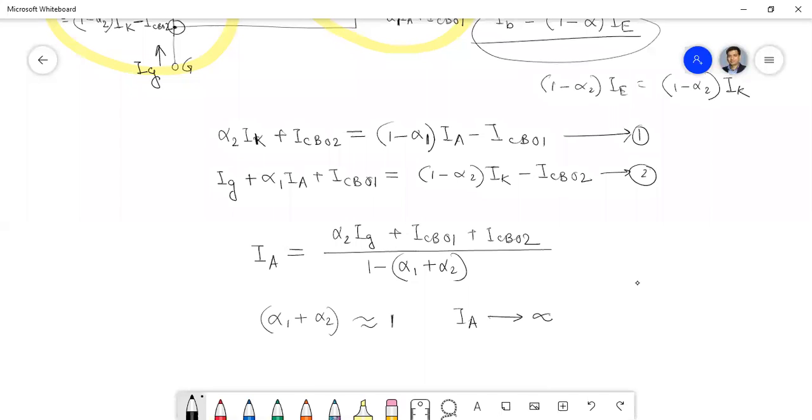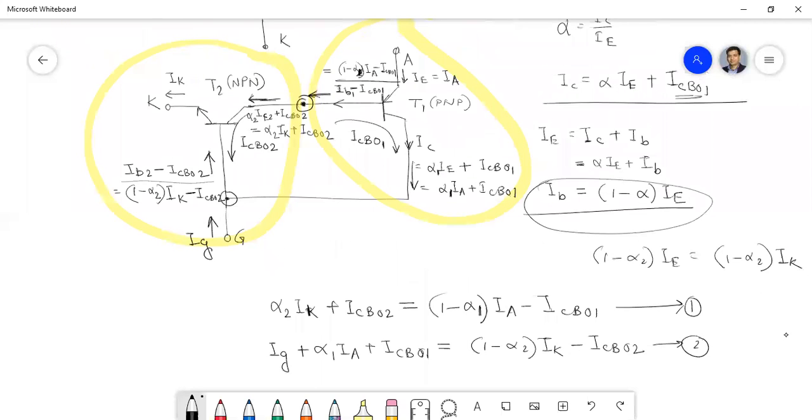So when T2 becomes on, it means alpha 2 increases. Now when the T2 transistor will be on, its base current will be flowing. What is the base current of T2?